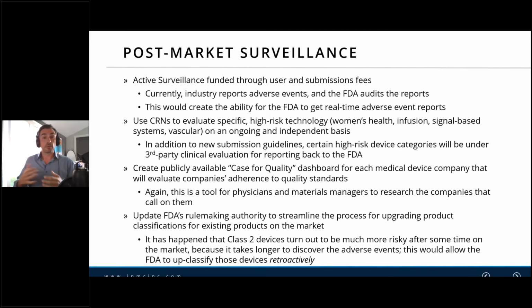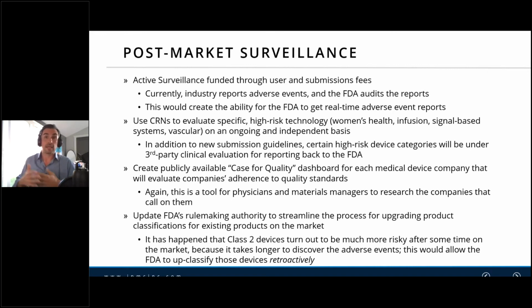So it's kind of good news, bad news, because you more than likely have relationships with individuals who are going to find themselves within CRNs, right? So they are going to know as much as you are. You're going to be speaking the same language, especially in these high-risk technology categories. That's actually going to be good for you because your barrier to understanding one another is going to go down.